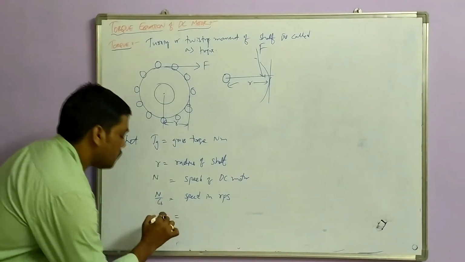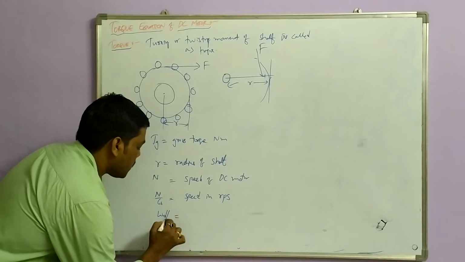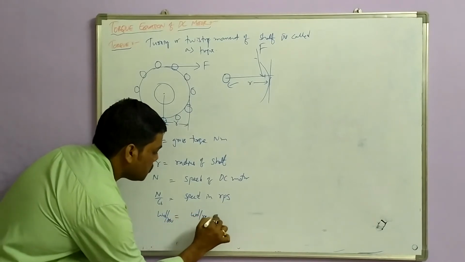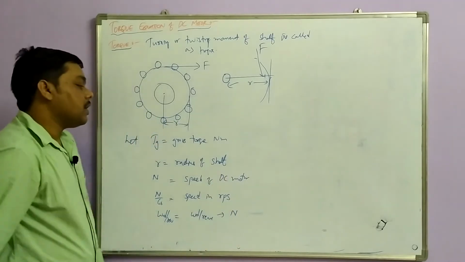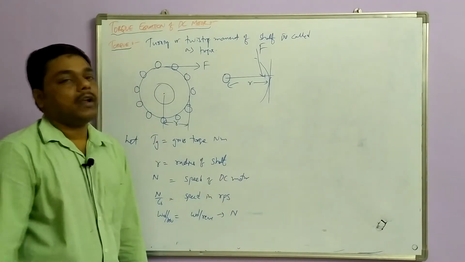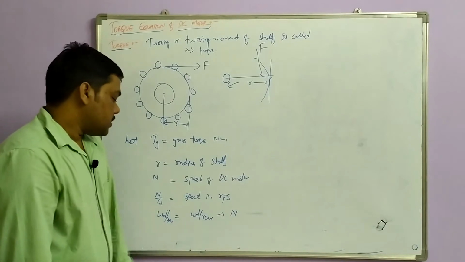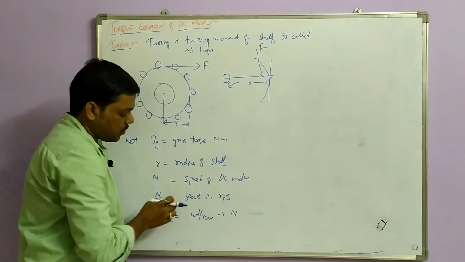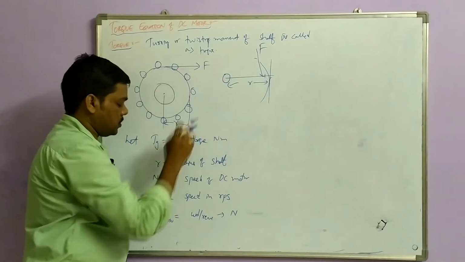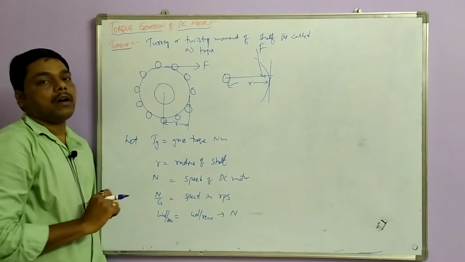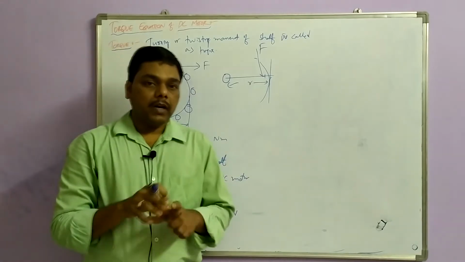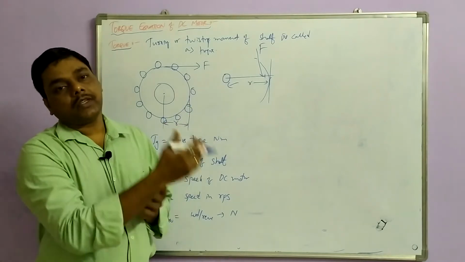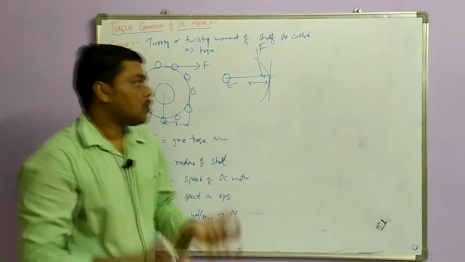Now the work done per revolution: for n revolutions, what is the work done? You can see this conductor is rotating with a speed of n, and you are applying a force with respect to the radius r. There is some work done on this conductor or object to move it about the fixed axis.